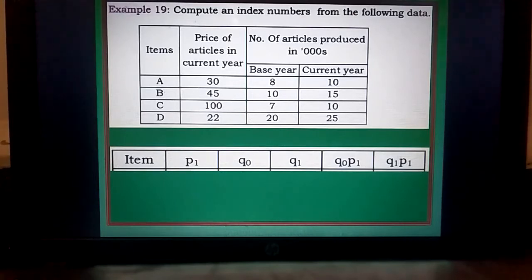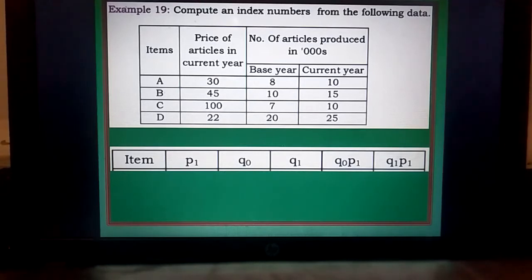Based on that we can decide whether the price index number or the quantity index number is to be calculated. If price relative is possible, then you calculate the price index number. If current year and base year quantities are given, then quantity relative is possible, and you can go with the quantity index number.